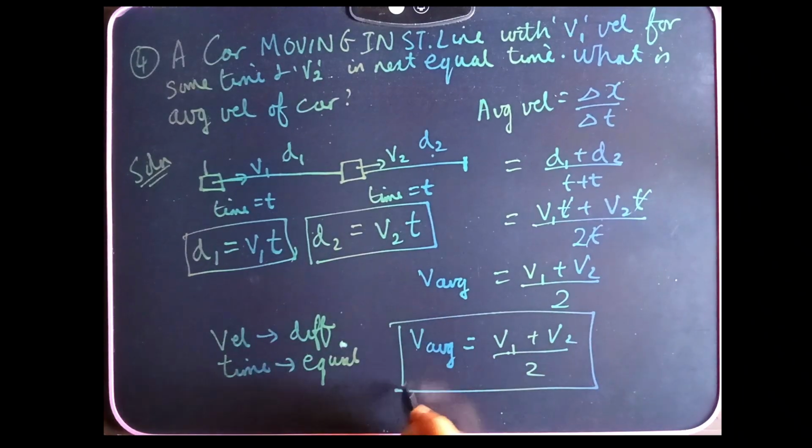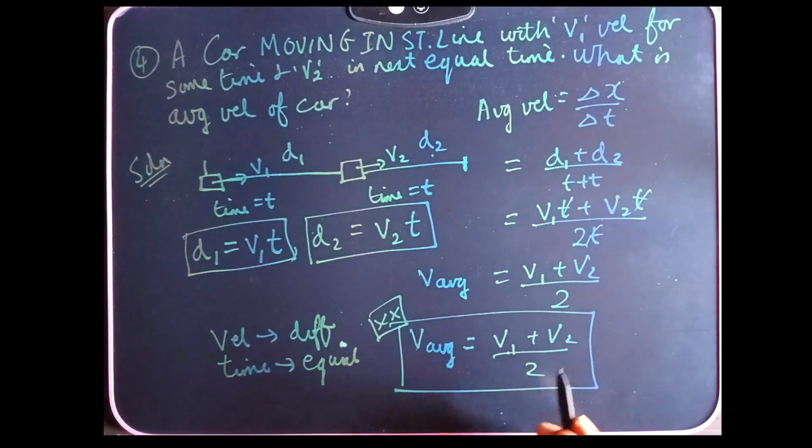It's a very important formula. You can remember it and apply it directly when time is the same. Velocity v1 and v2, time is same, then you can do v1 plus v2 divided by 2. I'll clear this and we'll take another problem.